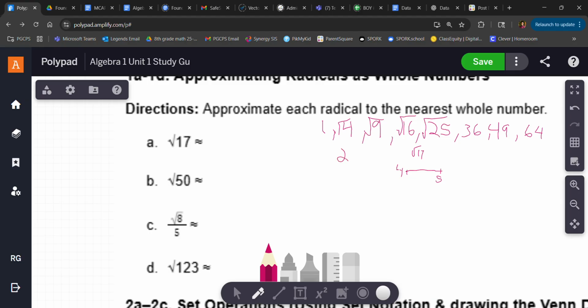In this case, it'll go in between 2 and 3. So in this case, 2/5 and 3/5. In between those will be the square root of 8/5. It's somewhere in between 2/5 and 3/5. And that's it for approximating radicals.